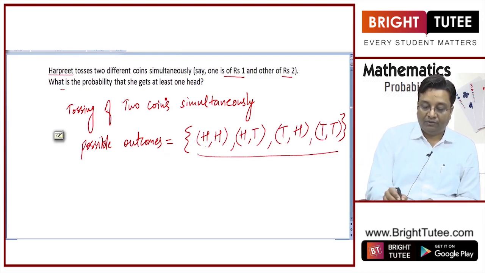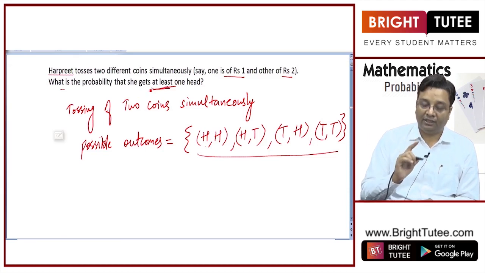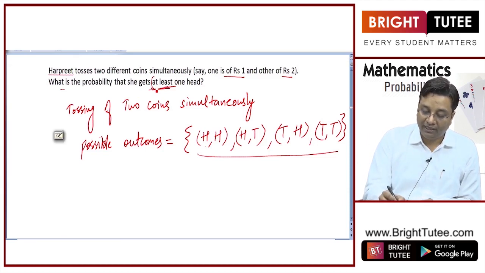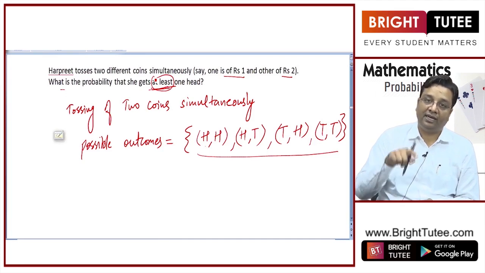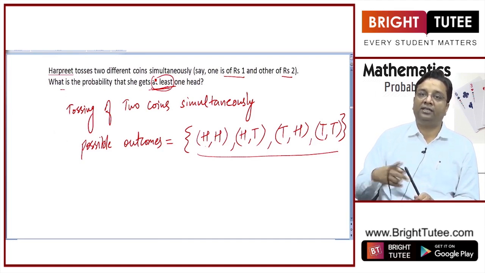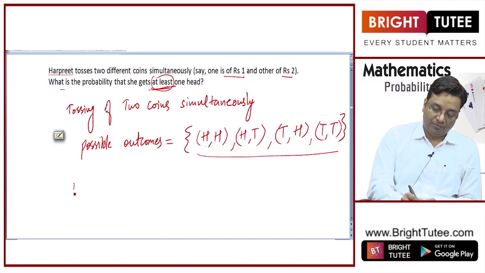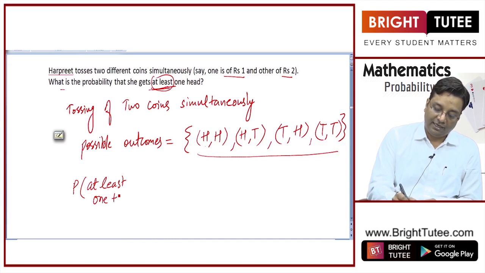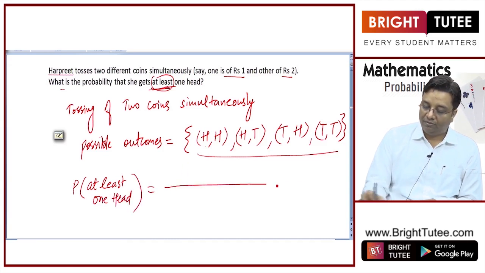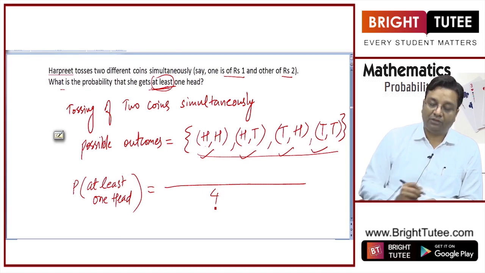So we discussed it in the introduction, right? Now what is the question? Getting at least one head. You need to take care of the language that the question is using. We are talking about at least one head. So one head is also favorable, two heads are also favorable. So probability of getting at least one head is equal to number of favorable outcomes over total outcomes. 1, 2, 3, 4. So number of total outcomes is 4.